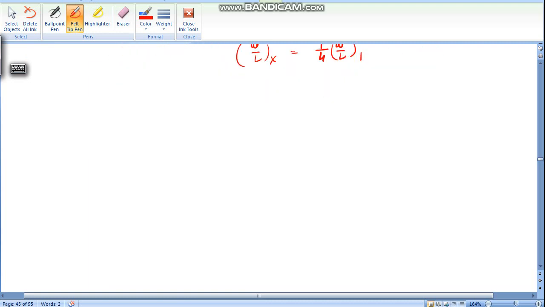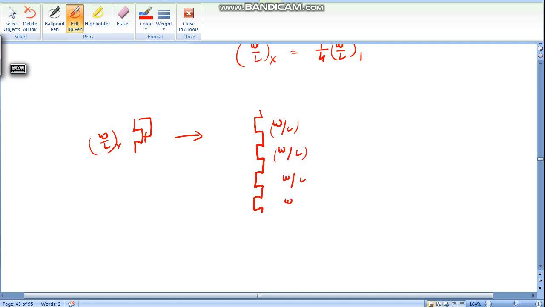So what we will take, this is W by Lx. So we draw it like this, actually four devices, so that all are W by L, W by L, W by L, and combined it is W by 4L, which equals this W by Lx.